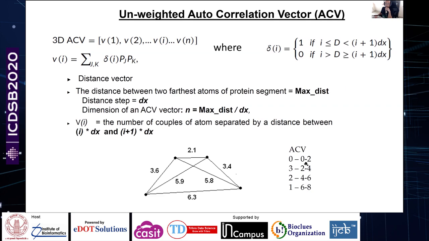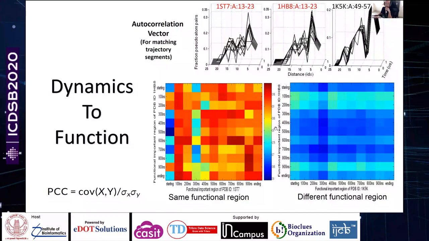So simply you divide the space into certain bins and you count the number of cases that fall into these bins. Then this becomes your autocorrelation vector. It's a very simple computation and very fast to do. So we computed the 3D autocorrelation vector, the unweighted vector, for each of the flexible regions, and then we did a matching based on that.